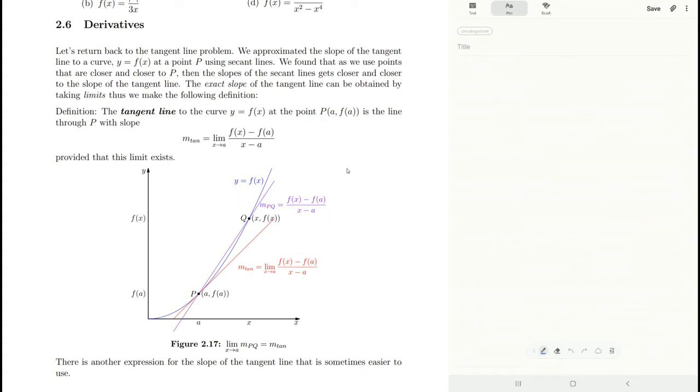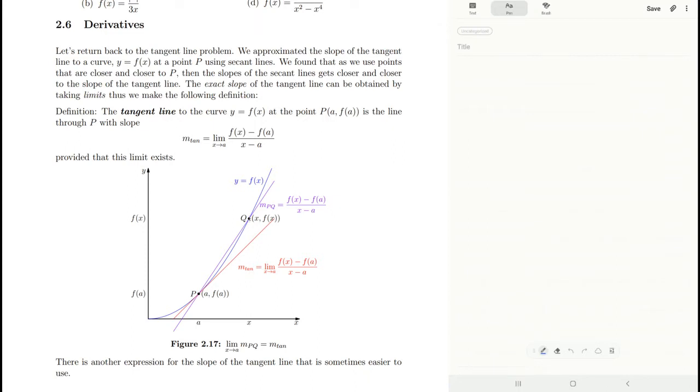So suppose that we want to determine the slope of the tangent line to the curve y equals f of x at the point P, which has coordinates a, f of a. Now, if we let Q be another point on the curve, we'll let the coordinates be x, f of x.